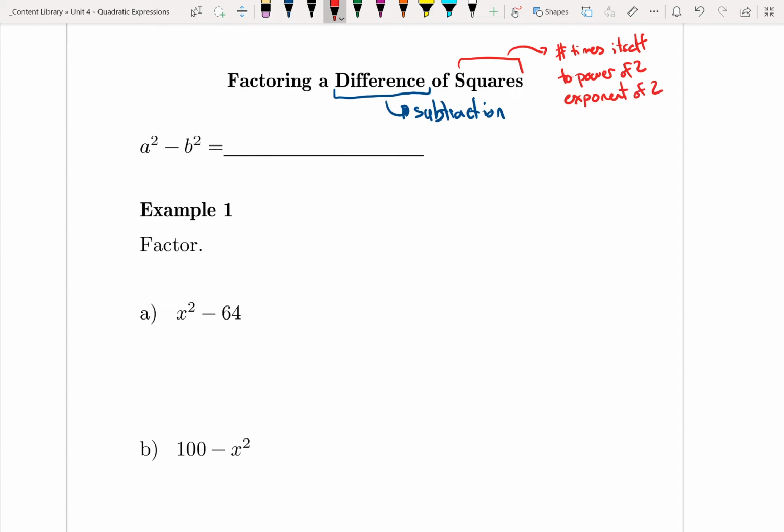So that's what a square is. And a difference means subtraction. So that's what we're looking for.